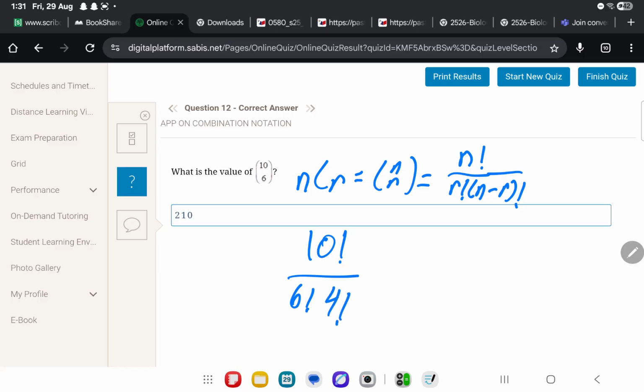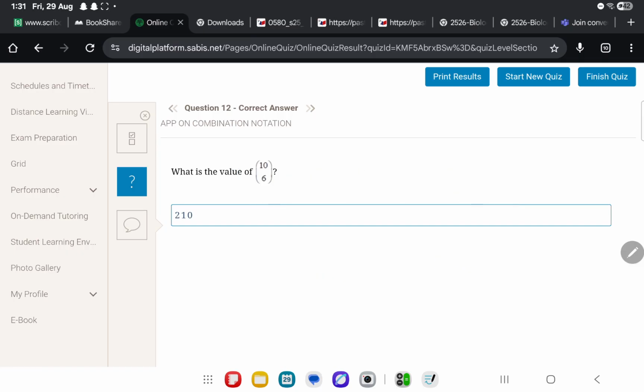So do this on a calculator: 10 factorial over 6 factorial times 4 factorial. Now, 210. But of course, you can always do this very easily on a calculator. Just write 10C6 on your calculator. Again, the nCr button is shift divide. So 10 shift divide 6. 210.